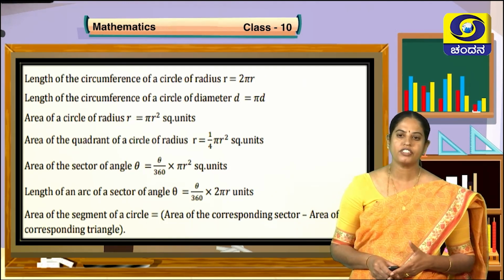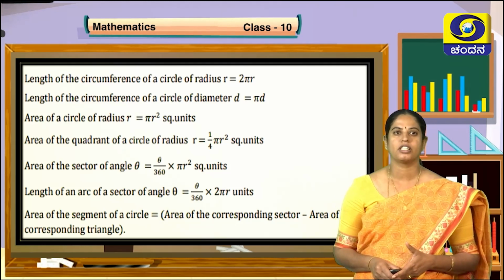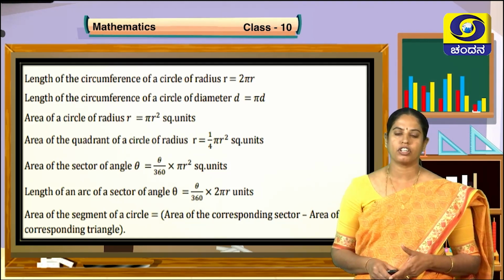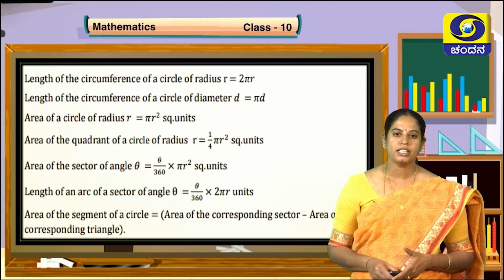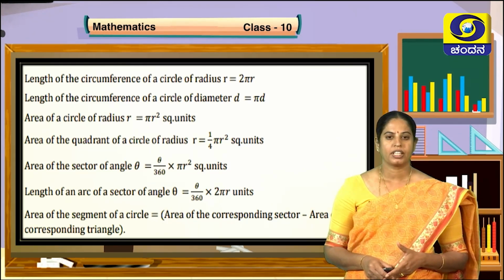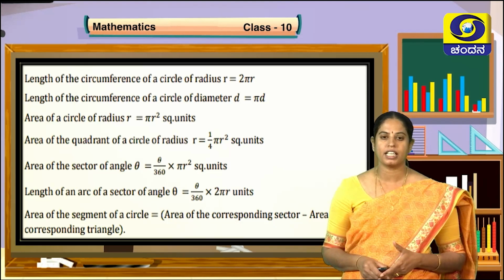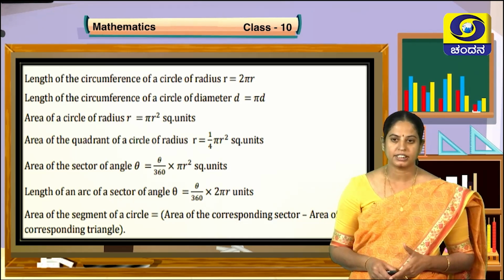How to find the area of the sector with angle theta? To find the area of the sector with angle theta, we have the formula theta by 360 into pi r square units, children. Length of the arc of a sector of angle theta. We can also find the length of the arc of the sector.